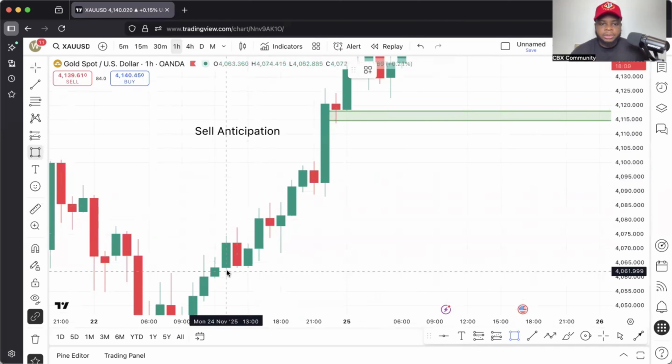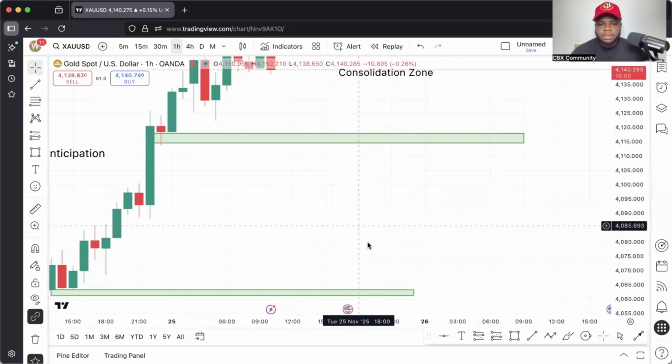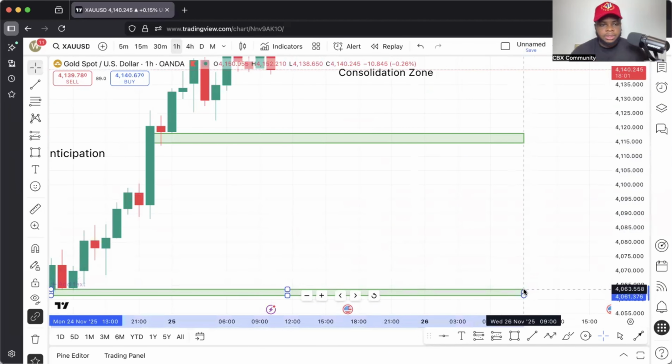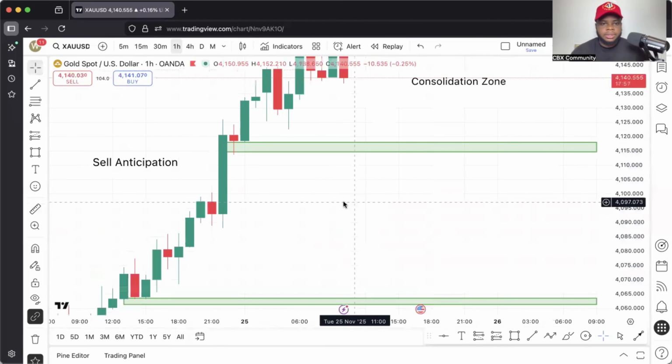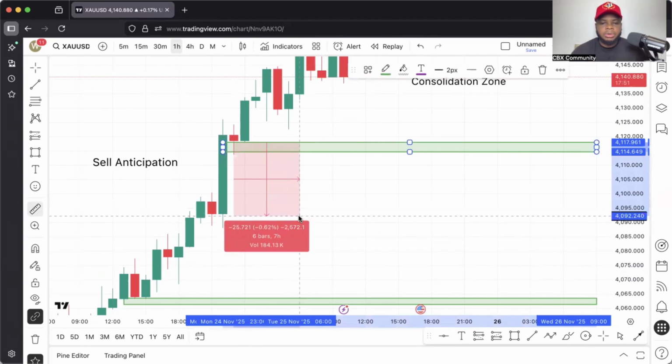Let's identify this support zone over here. Let's measure from this support zone down to this minor support. You're looking at 257 pips.